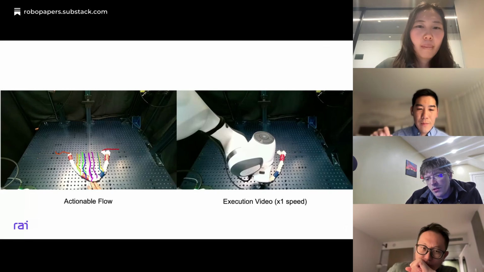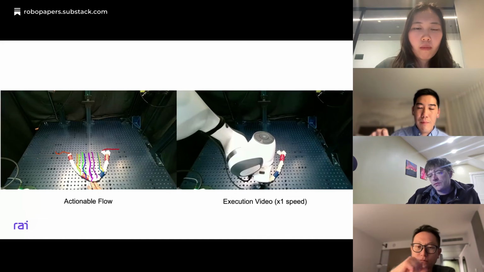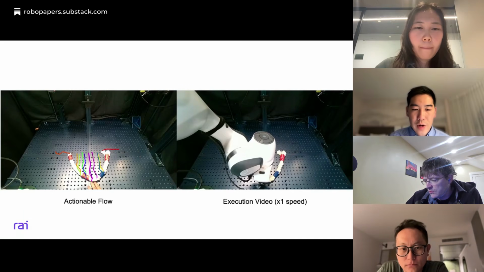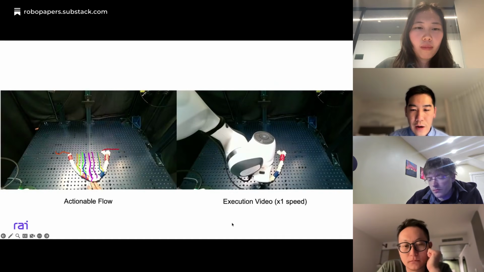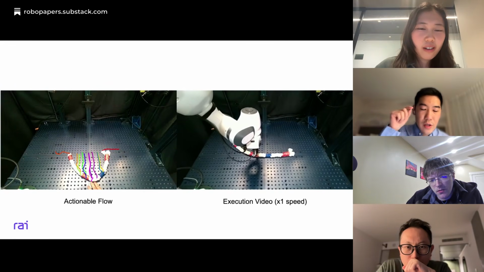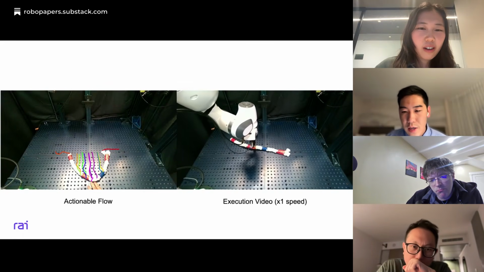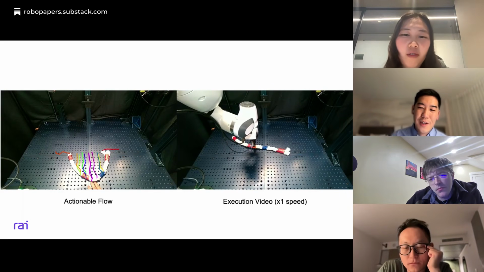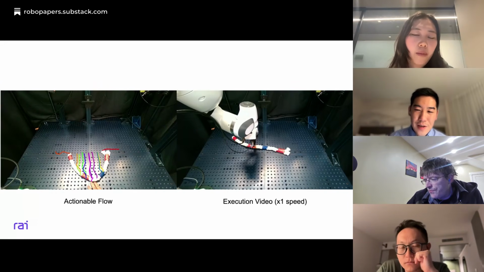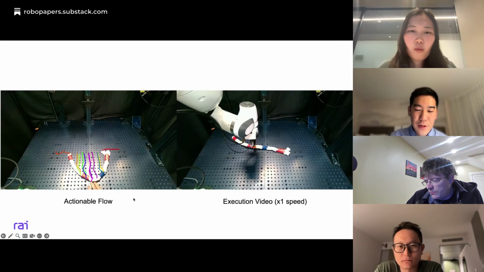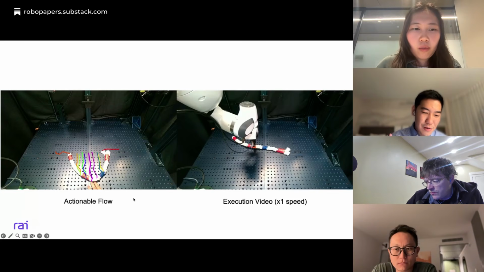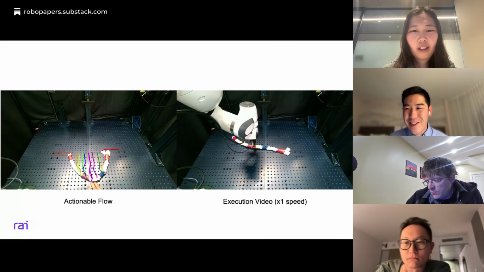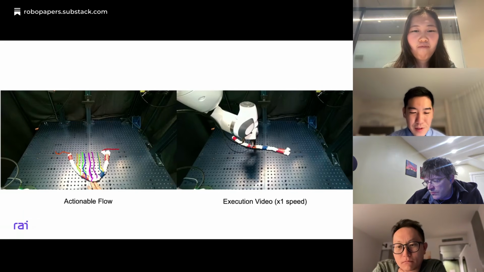We just use where the human hand makes contact with the object and directly use that as the contact point for MPC. Here we are directly executing the action sequence calculated from MPC. You can see there's a bit of discrepancy between the final rope state and the video state. That's because there's some gap from the dynamics model. The dynamics model is not 100% accurate, and that's where the discrepancy comes from.